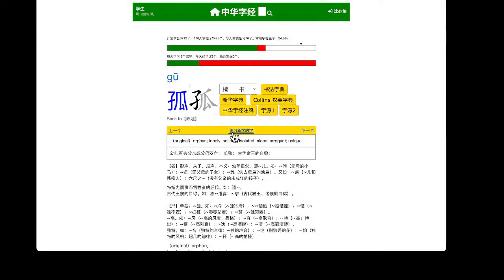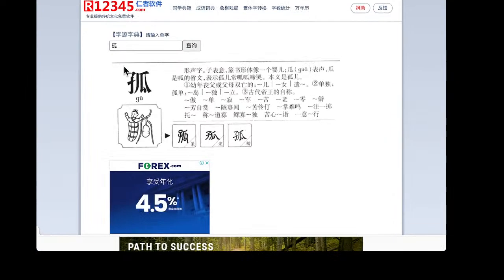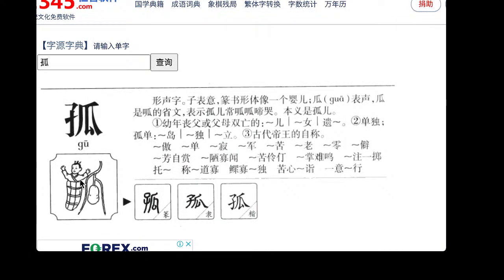Okay. I don't think that's that common compared to these meanings. Look at the etymology for this one. It's on the left, right, your little baby or little child, and on the right is gua, which means melon. So it was a drawing of a melon growing on a vine, but in this case, that's phonetic.